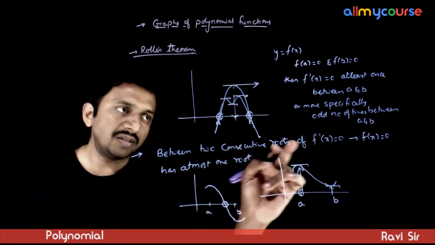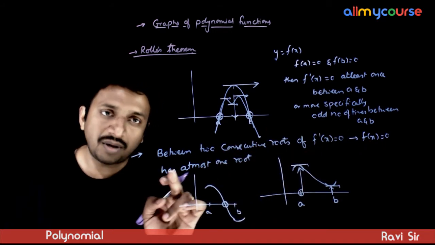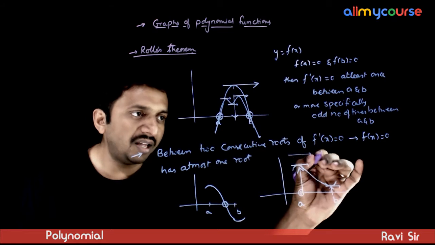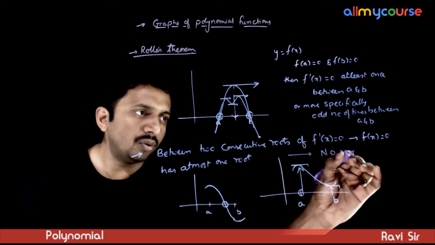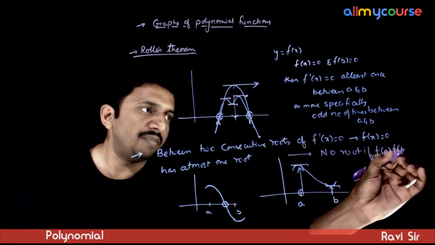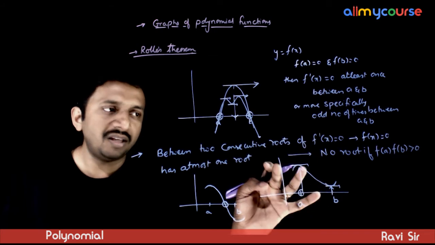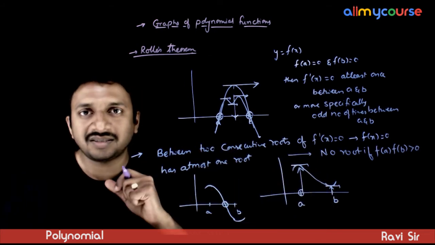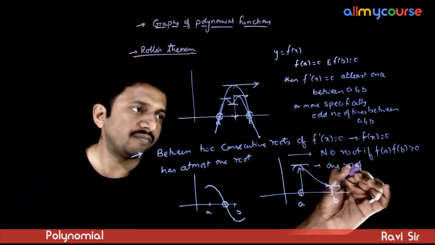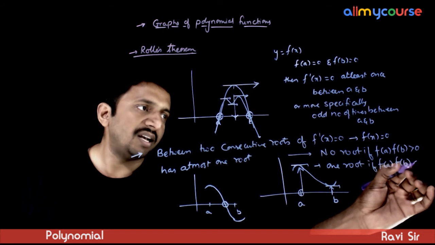So between two consecutive roots of f dash of x is equal to 0, f of x is equal to 0 has at most one root. And more specifically, no root if f of a into f of b is positive. That means both at a and b, f has the same sign. And one root if f of a into f of b is negative.